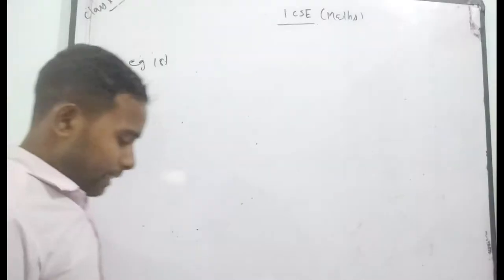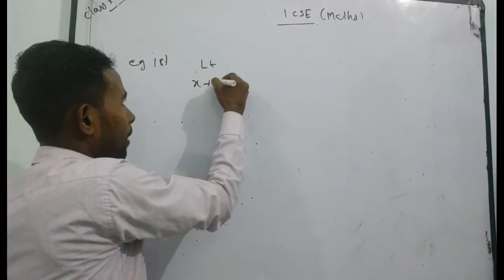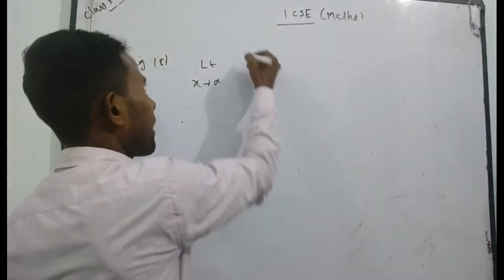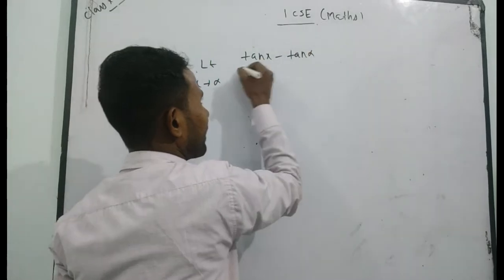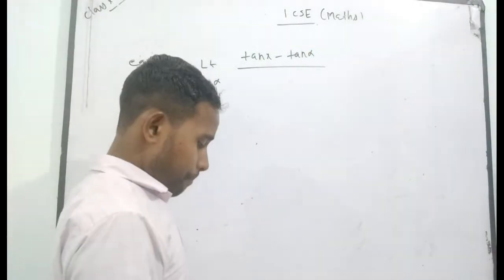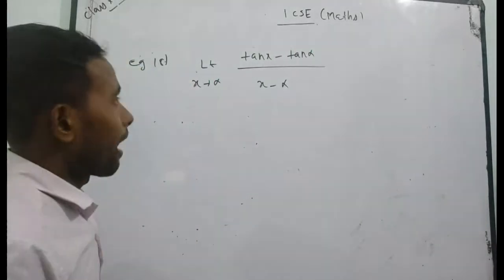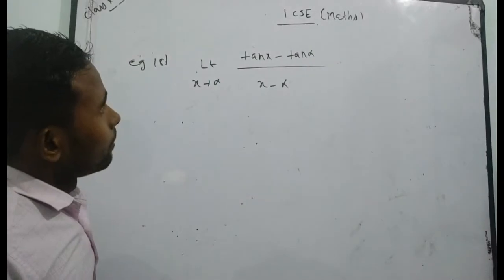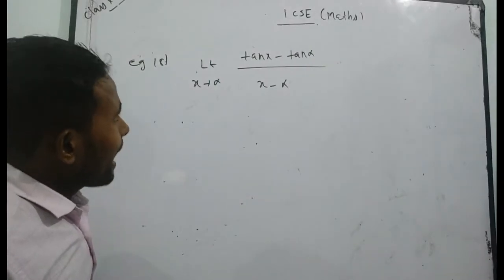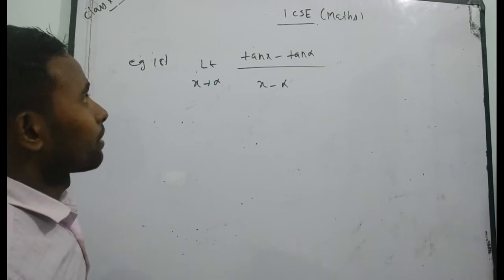See it. There is given limit x tends to alpha of (tan x minus tan alpha) divided by (x minus alpha).